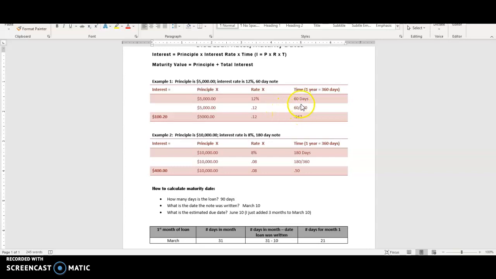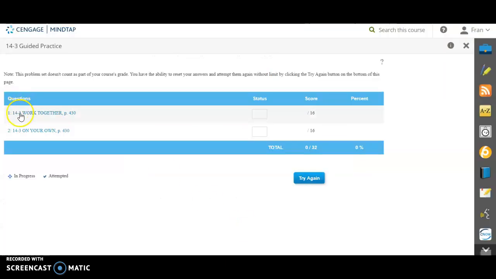If 1 year is 360 days, then 60 days is 60 over 360, which is about 0.167. So your computation to figure out the interest on $5,000 is 5,000 times 0.12 times 0.167. Hopefully that helps, and then we will go and do our work together.